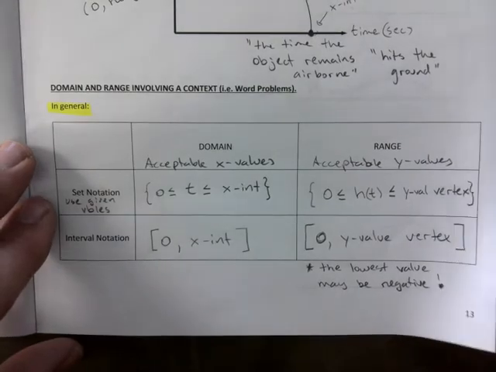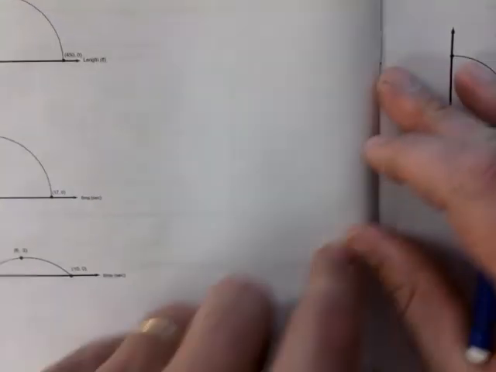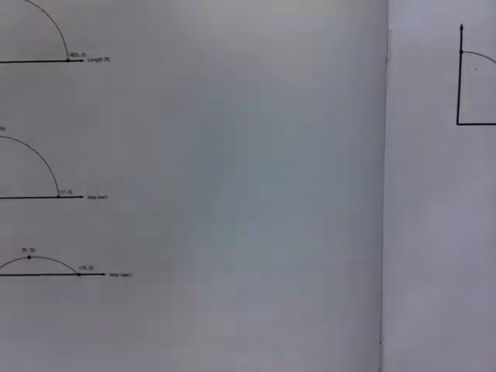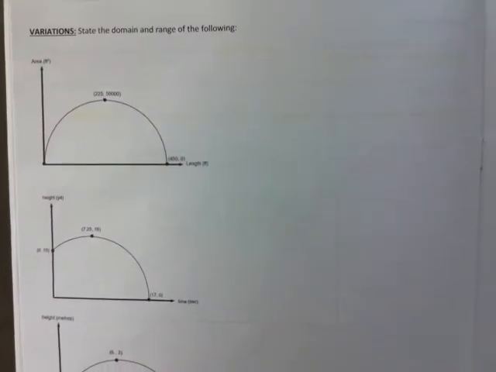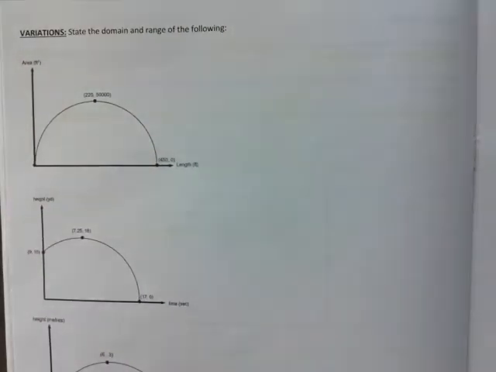So let's go to page 14 here. If you have two different color highlighters, it's going to come in really handy for this particular page. So here are some variations of what I just did. Scenarios.